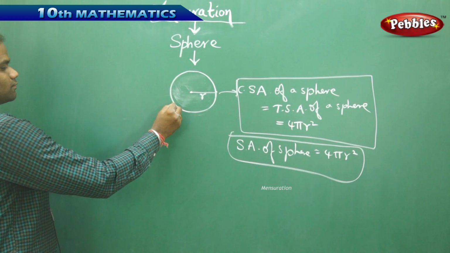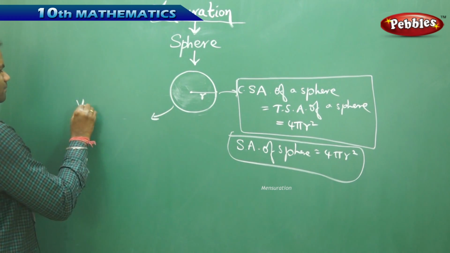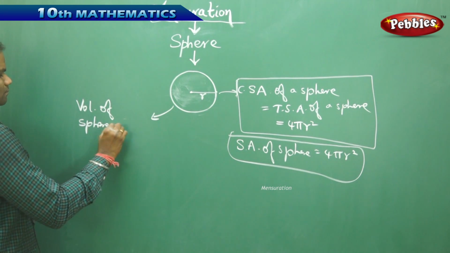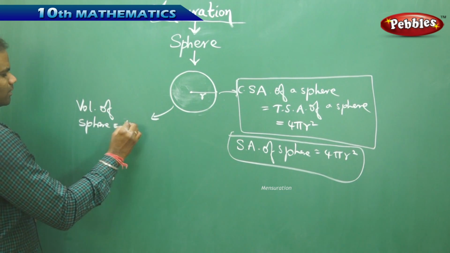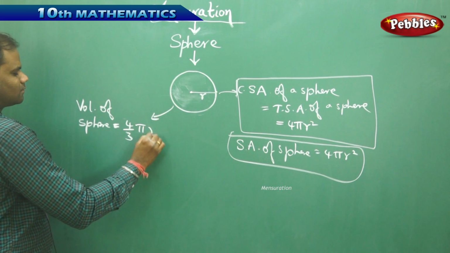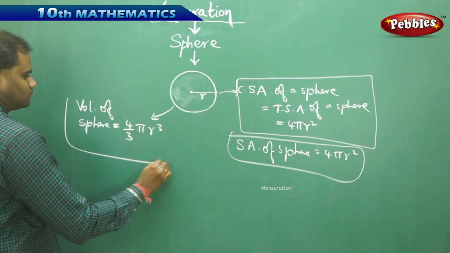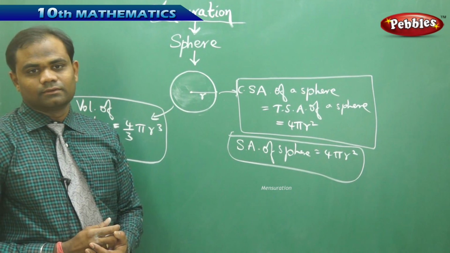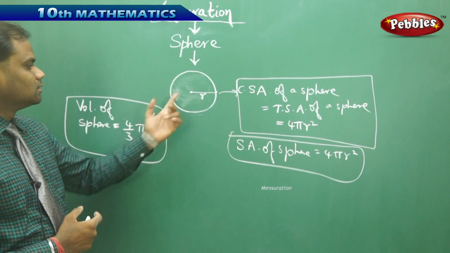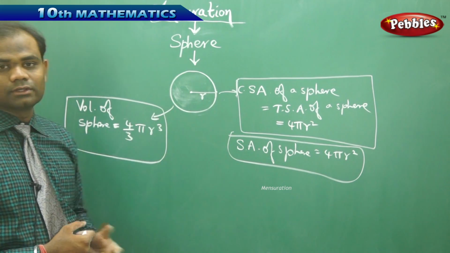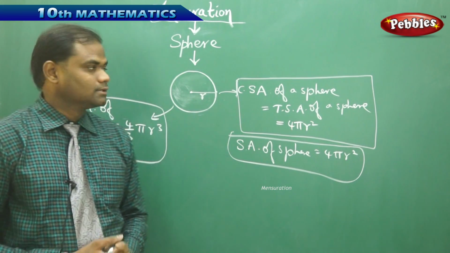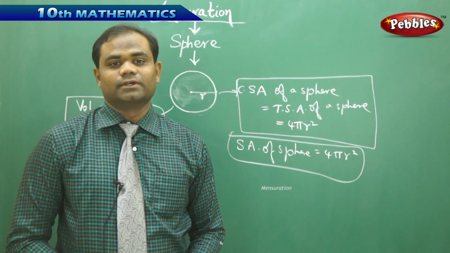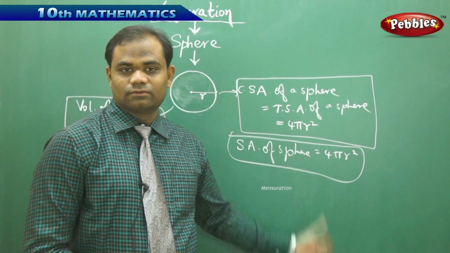The volume of the sphere is given by 4 by 3 pi r cube, where r is the radius of the sphere, from the center to any point on the surface. So that gives the surface area and the volume of a sphere using the respective formulas.